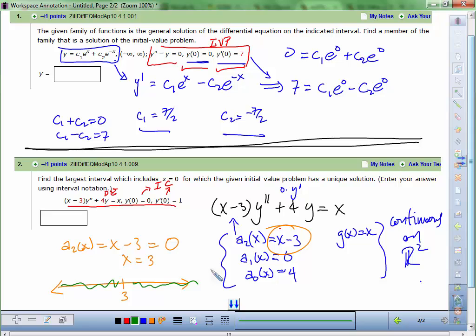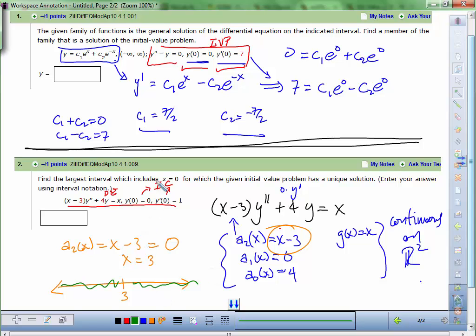So how do we know which interval we're going to choose to find our largest interval value? You can't do a union because your solution has to be continuous within some interval, and if it breaks up there, then you just throw away the other side.